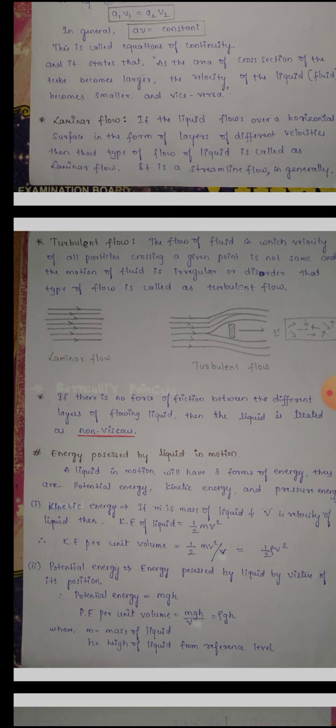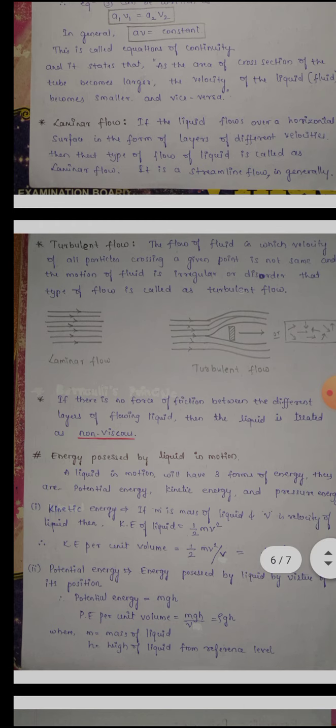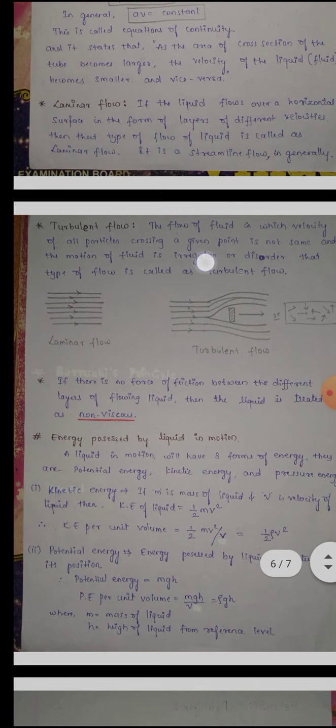This is just the opposite of the streamline flow. While in the streamline flow the flow is smooth and regular, in a turbulent flow the motion of the fluid is irregular or disordered. That is known as the turbulent flow.